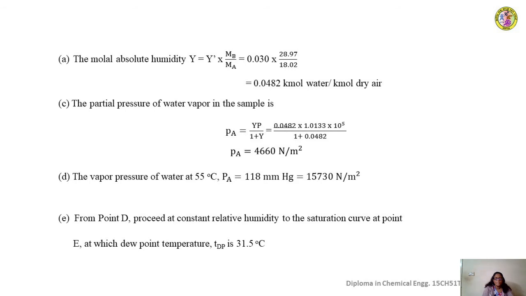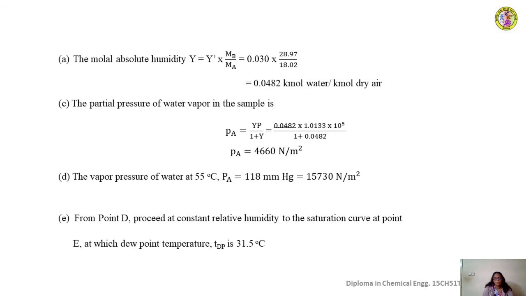Upon calculation, the partial pressure of A is obtained as 4,660 Newton per meter square. The vapor pressure of water at 55 degrees centigrade, capital PA, is 118 mmHg, or in Newton per meter square a value of 15,730 Newton per meter square.